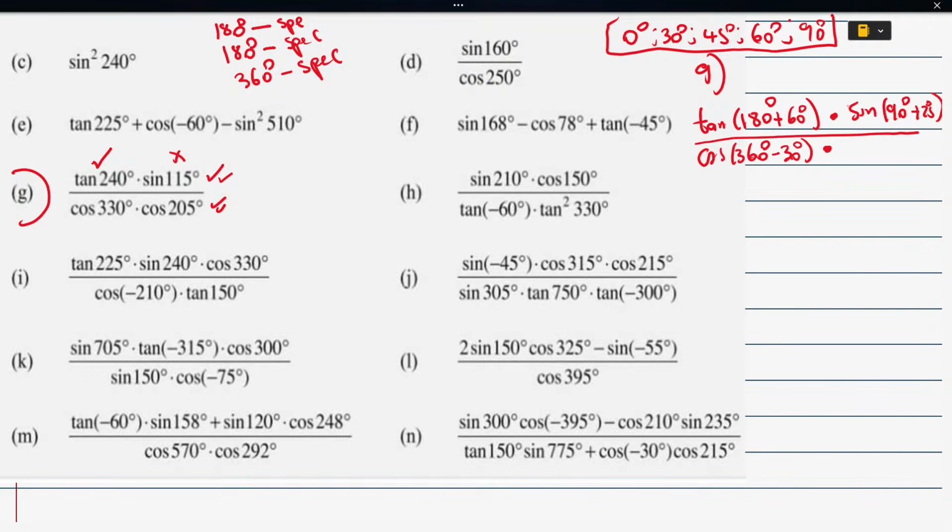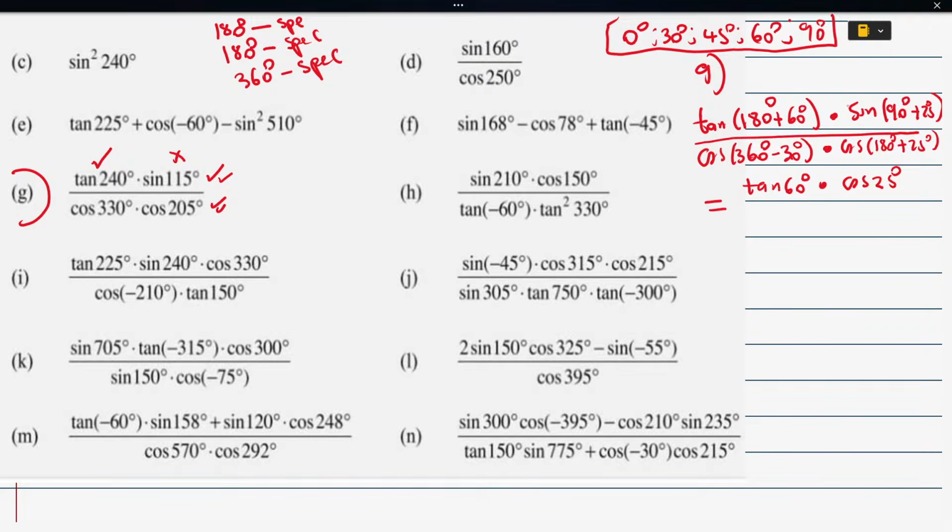Okay? And the denominator, I can simply change it and say cos of 180 degrees plus 25. This is what I'm having. And then how do we change the first one? It's going to be tan 60 degrees. What about this one? It's going to be cos 25.